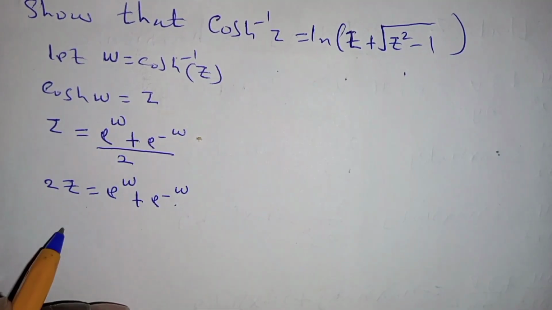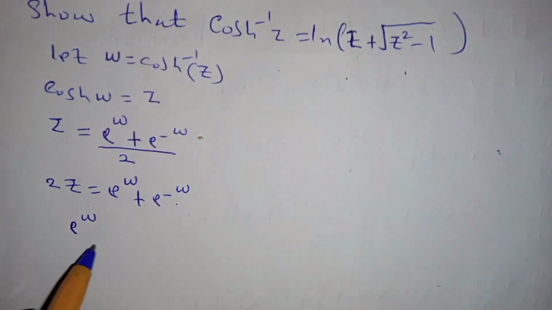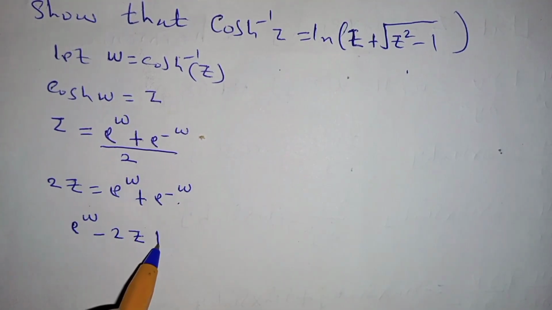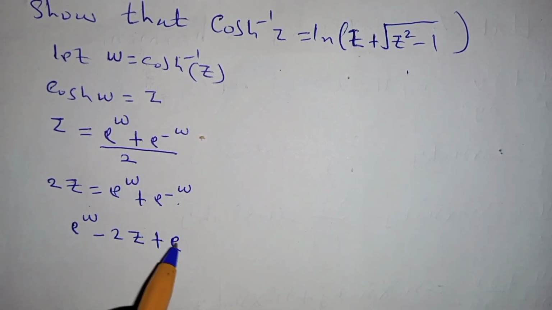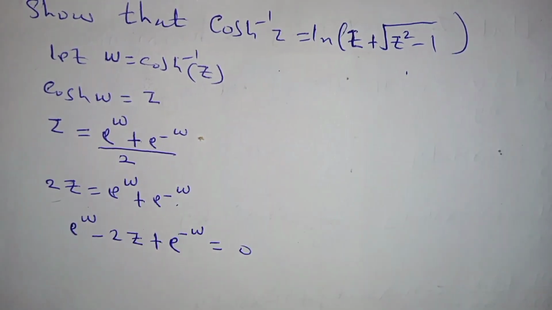Then we write it this way: e to the w minus 2z plus e to the negative w is equal to 0, taking this to the other side.